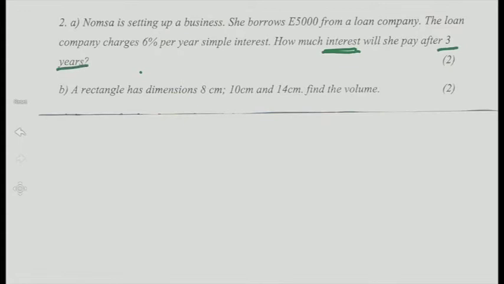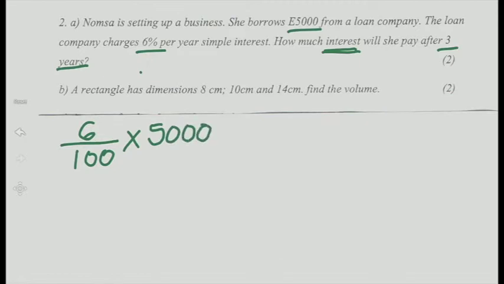So Nomsa is borrowing 5,000 emalangeni at a 6% interest. So we have to calculate the 6% of the 5,000 emalangeni. So this 0 will cancel out the zeros.